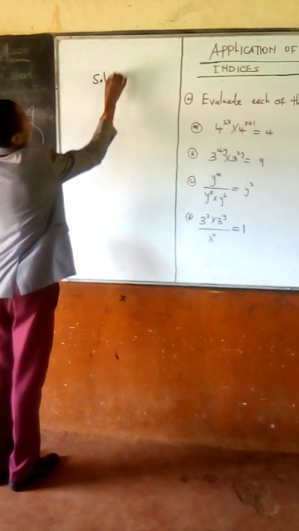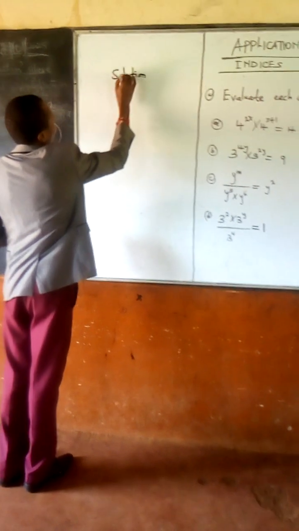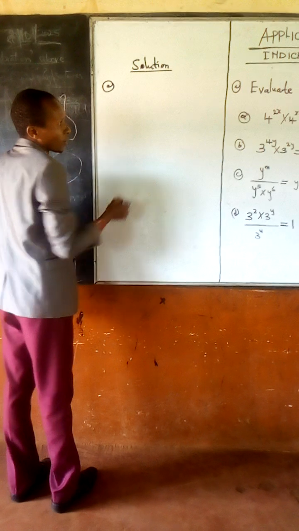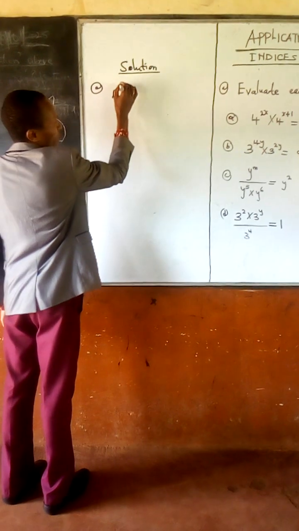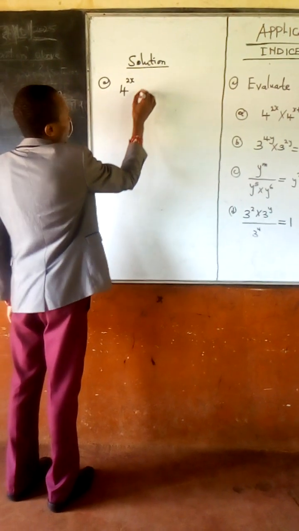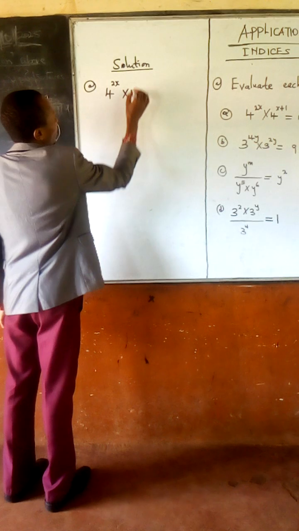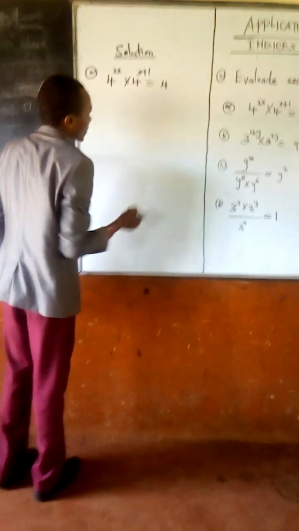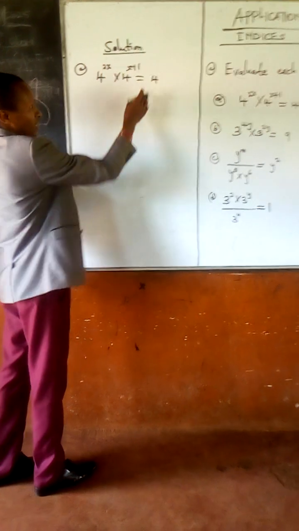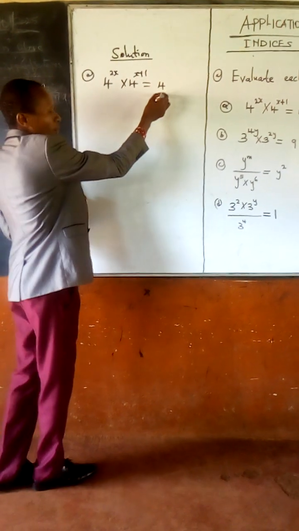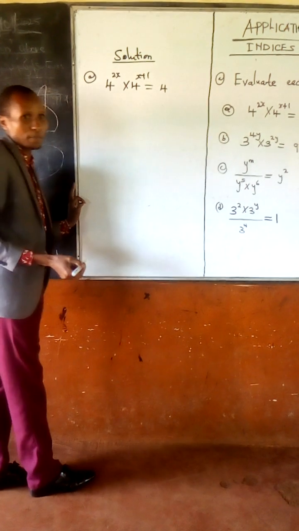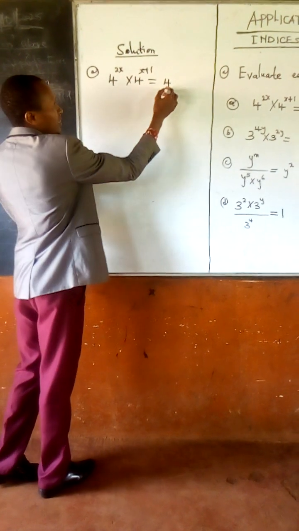Solution. 4 raised to 2x, that is 4 raised to x plus 1, is equal to 4. First of all, what is on the right hand side? That is 4. We want to express it in indices form. How can we express this in indices form?